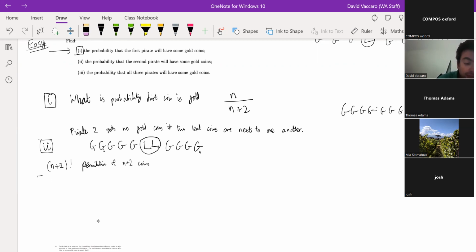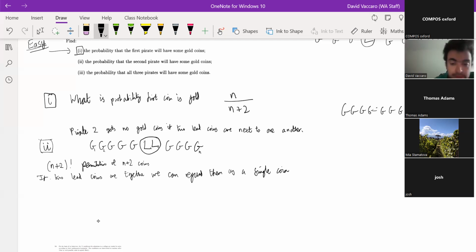If the 2 lead coins must be together, we can just regard them as a single coin. If we regard the 2 lead coins as a single coin, how many objects are there?